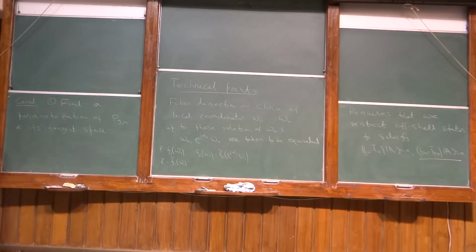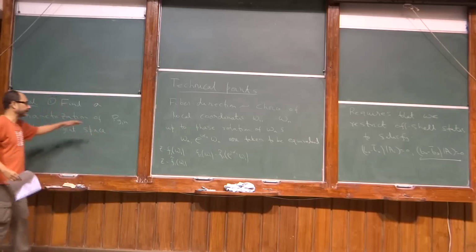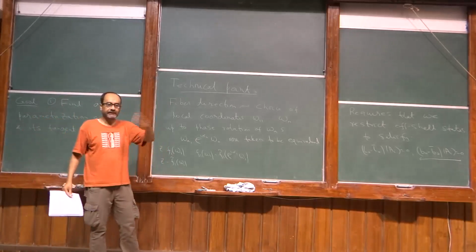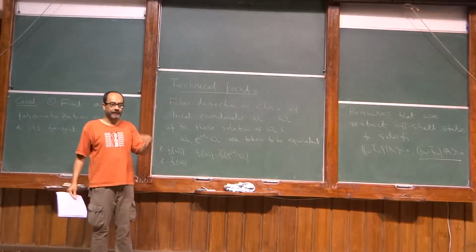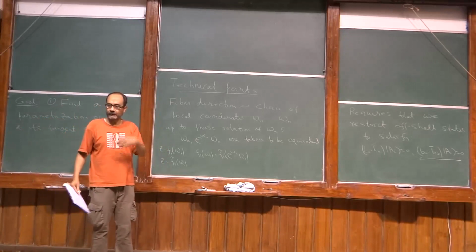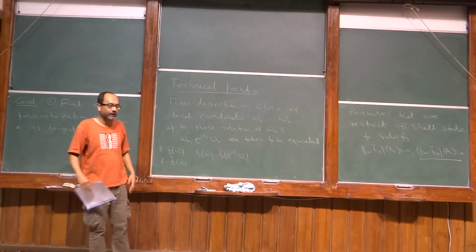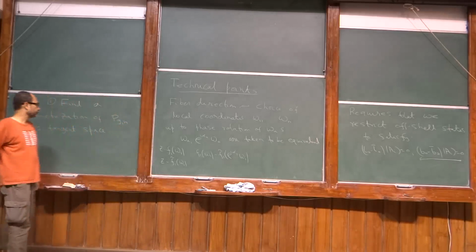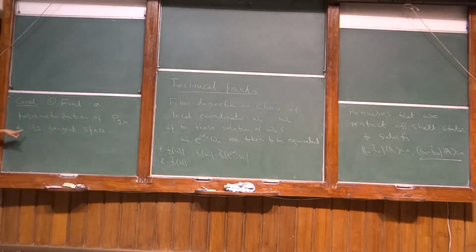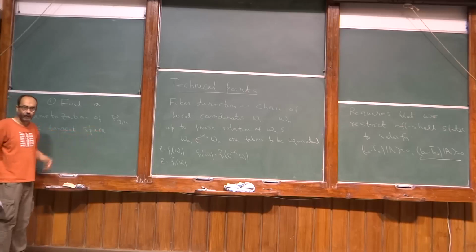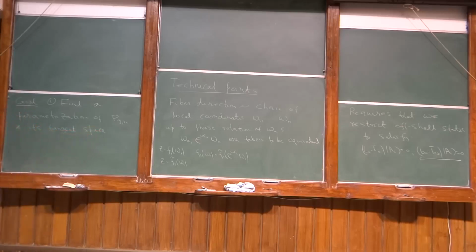Once you have found the parameterization of PGN, you can also automatically convert this to a parameterization of MGN by just collapsing the data on the local coordinates. The parameterization of PGN will contain information about both the moduli as well as the choice of local coordinates. If you just forget about the choice of local coordinates, you get a parameterization of MGN. But we will also need a parameterization of the tangent space of PGN, because eventually you want to define forms, and for defining forms you need tangent vectors.